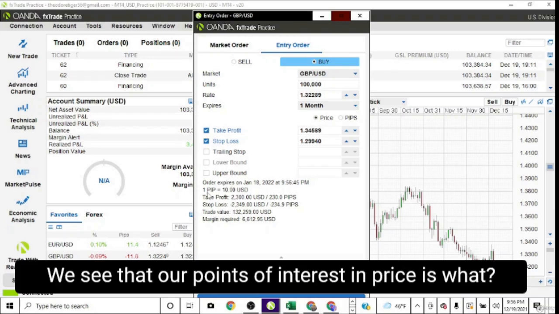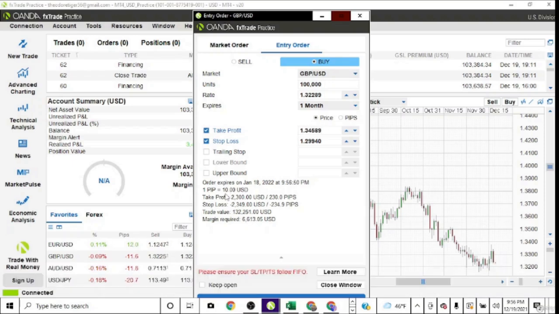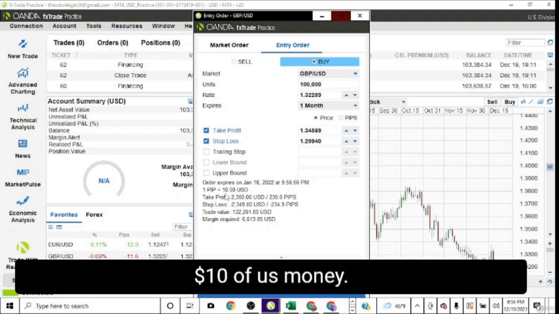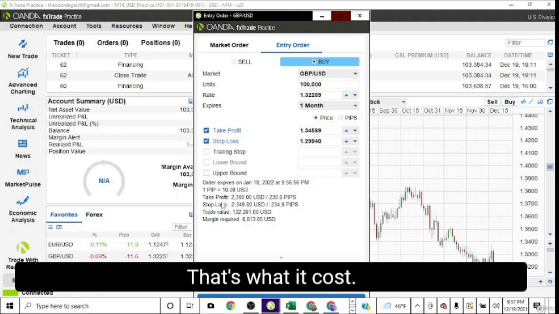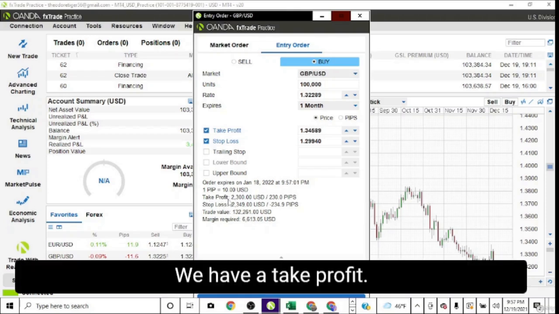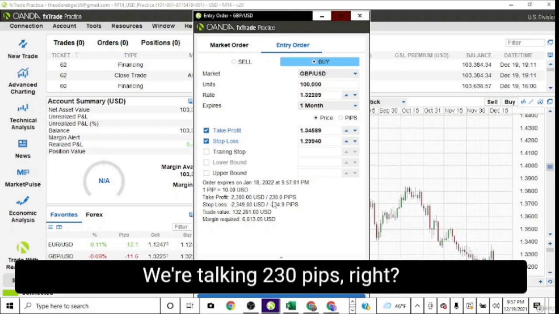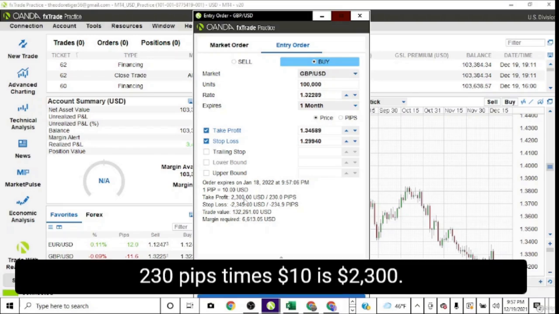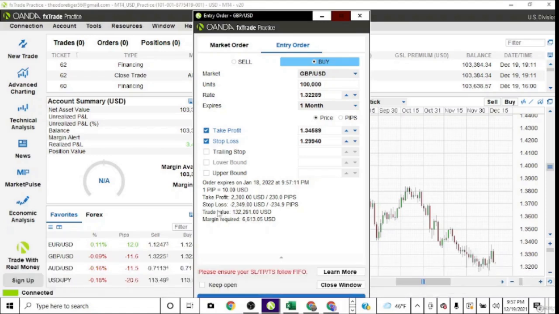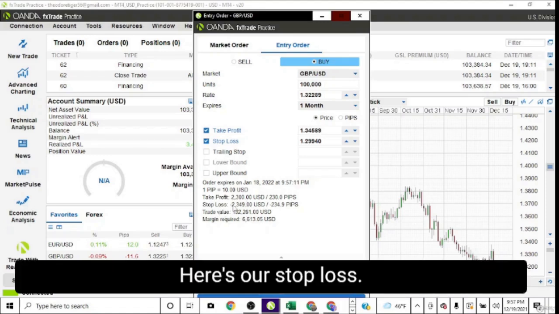So what do we see right here? We see that our points of interest in price is $10 of US money. That's what it costs. We have a take profit, we're talking 230 pips. 230 pips times $10 is $2,300. Here's our stop loss.